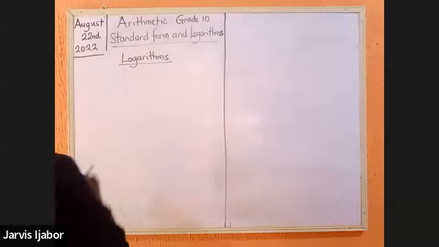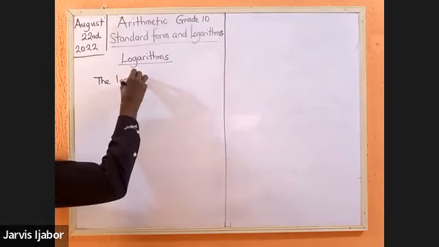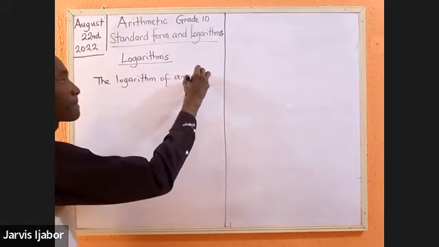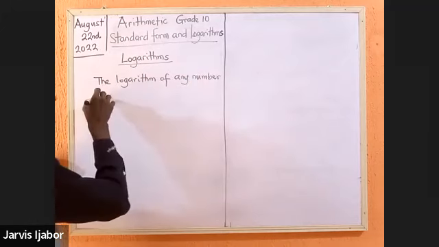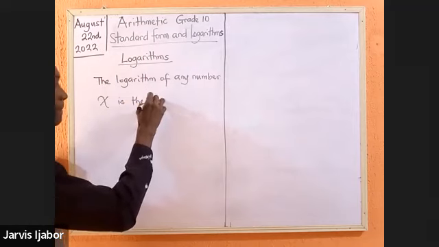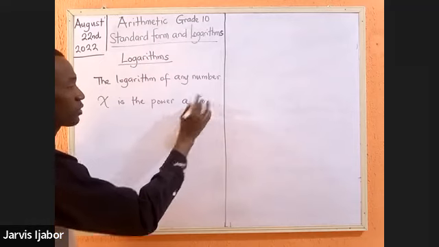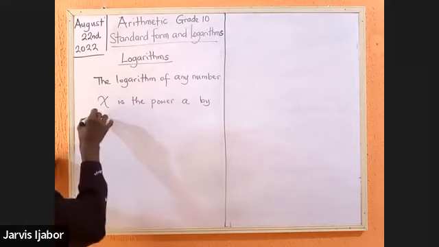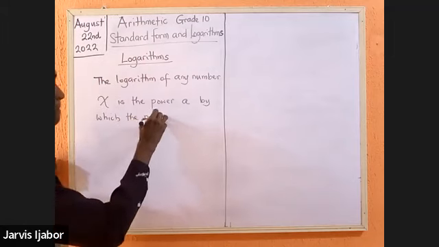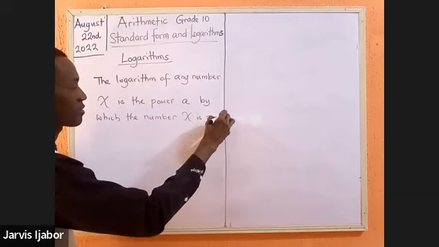So I'm going to write that on the board for you to see. The logarithm of any number x is the power a to which or by which the number x is raised.